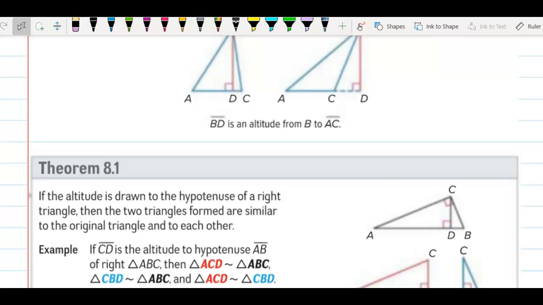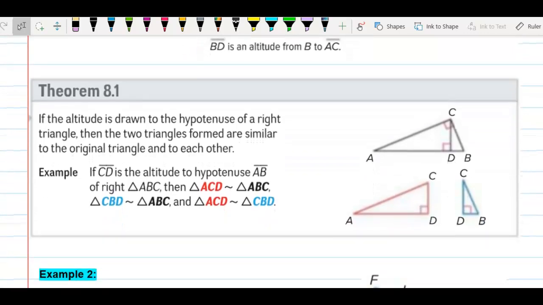So if we start with a right triangle, this black one up here, ABC, is a right triangle. If we drop this altitude down, we will actually create two smaller right triangles, this little bitty one to the right, and then this medium size one, almost the same size as the original triangle.